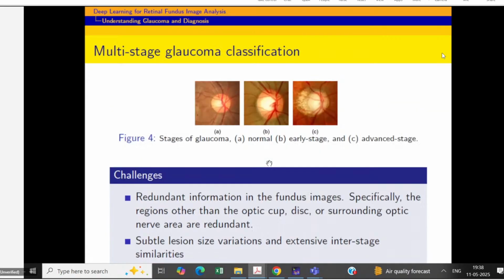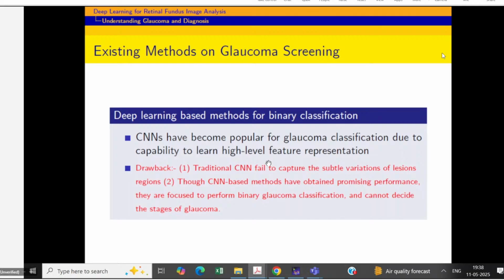But as you all know, with the advent of deep learning algorithms and their advantages, people have also tried applying convolutional neural networks, especially to detect glaucoma. But there are also certain limitations while applying traditional convolutional neural networks. To detect glaucoma, traditional CNNs fail to capture the minute variations.